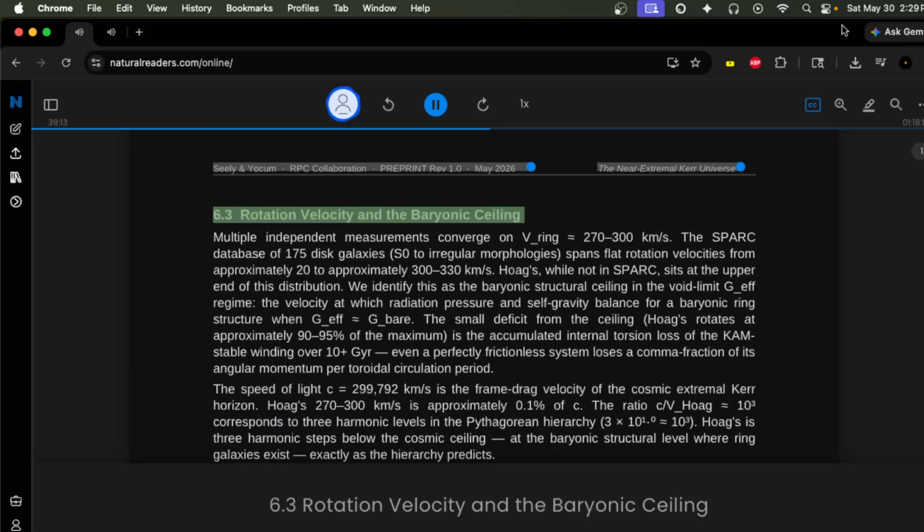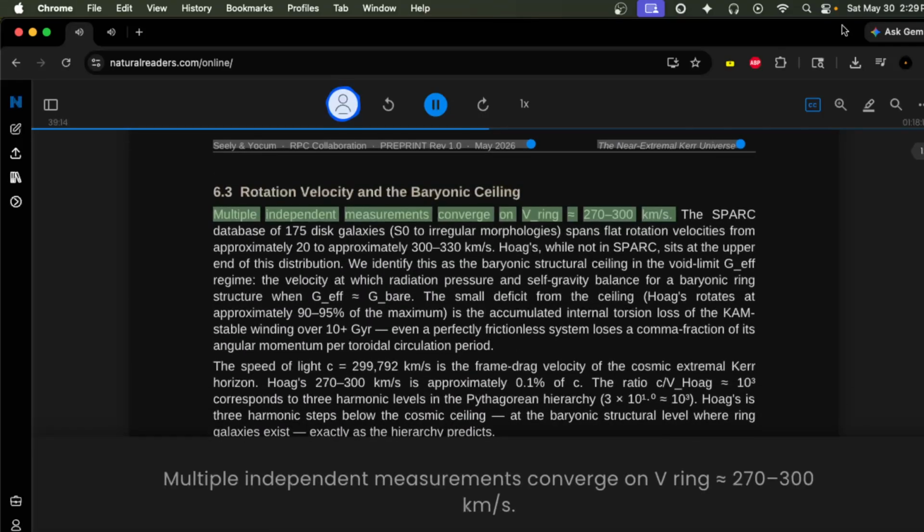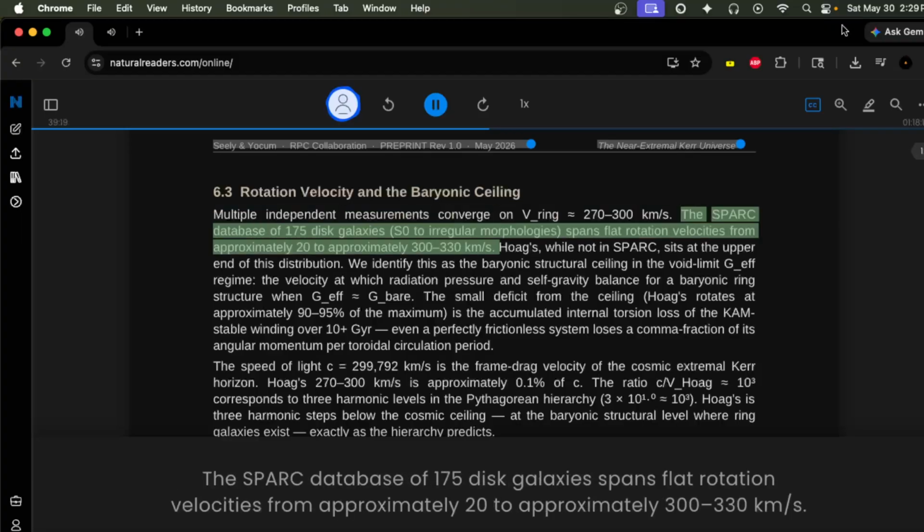6.3 Rotation velocity and the baryonic ceiling. Multiple independent measurements converge on V_ring approximately equals 270 to 300 km per second. The SPARC database of 175 disk galaxies spans flat rotation velocities from approximately 20 to approximately 300 to 330 km per second.